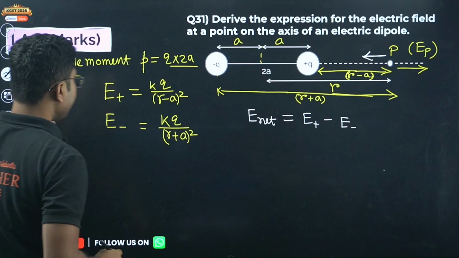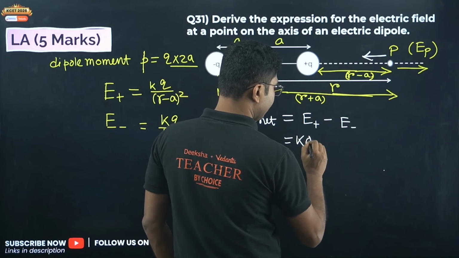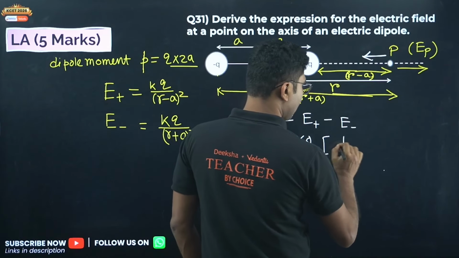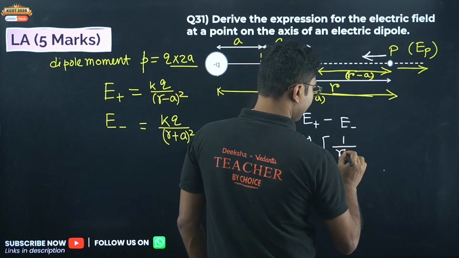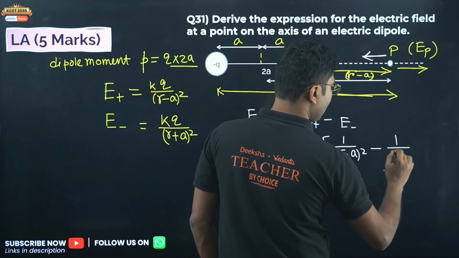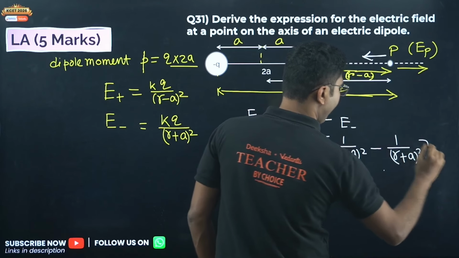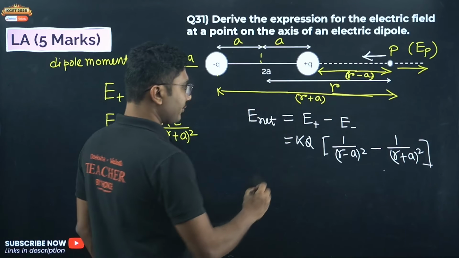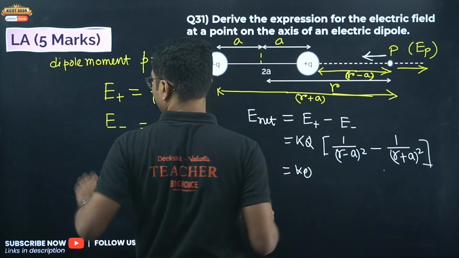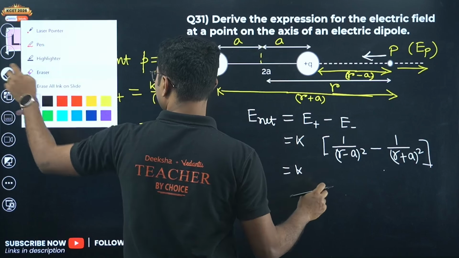Okay, so now let me put these values over here, and we realize KQ is common in both cases. So it will be 1 by R minus A whole square minus 1 upon R plus A whole square. Now if you simplify this, you will get KQ. I always write capital Q, sorry for that. This is my habit.